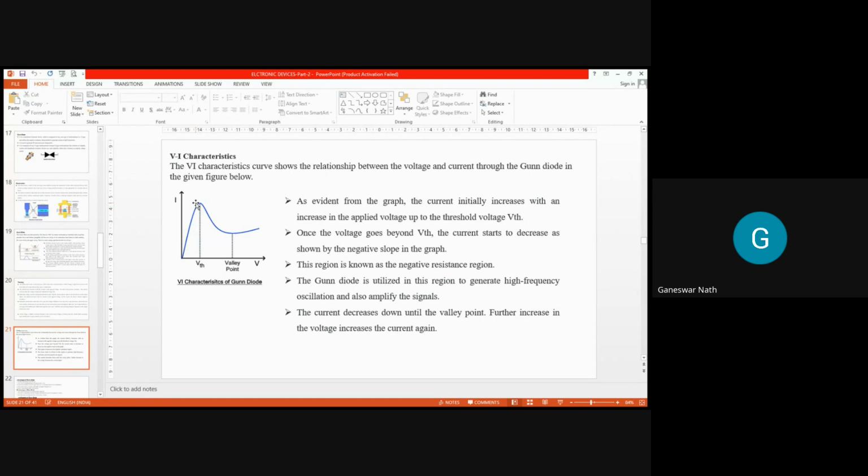This is the positive resistance region. Once the threshold value is reached, the current starts to decrease with the increase of voltage, attaining a valley point, which is due to the negative resistance.